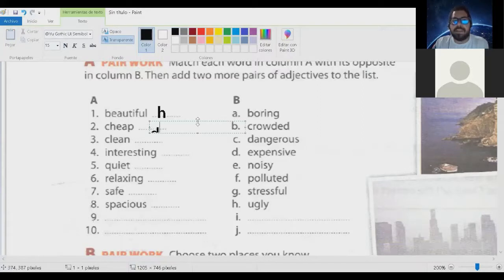For example, many people say that Costa Rica is very expensive. And that's true, guys. If we compare Costa Rica to the other countries in Central America, Nicaragua, Guatemala, El Salvador, Costa Rica is the most expensive, actually, from all Central America. Cheap, as Ali said, barato, and the opposite is expensive, guys, okay?